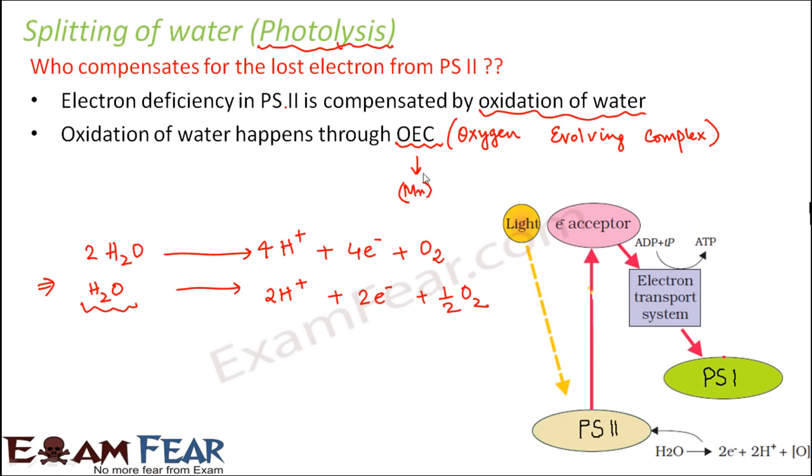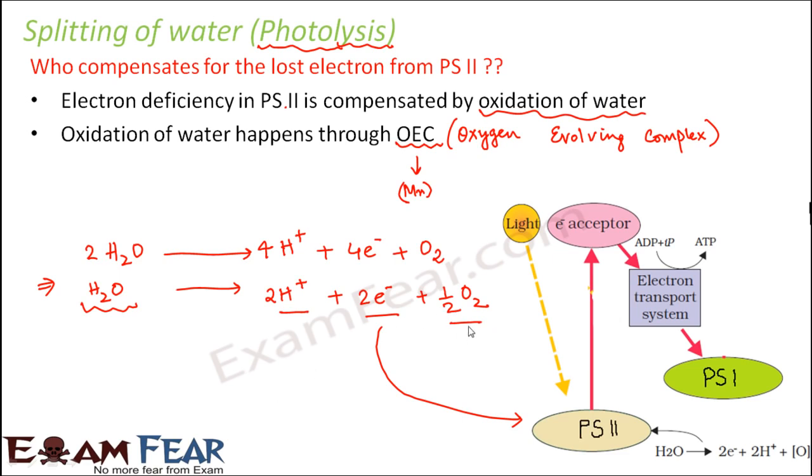It is like an enzyme. So the enzyme is activated. Once this complex is activated, it causes the oxidation of water to form hydrogen ions, electrons and oxygen. Now what happens to all these products? These electrons are sent to PS2 to compensate for the lost electron. So that is how the electron is utilized.